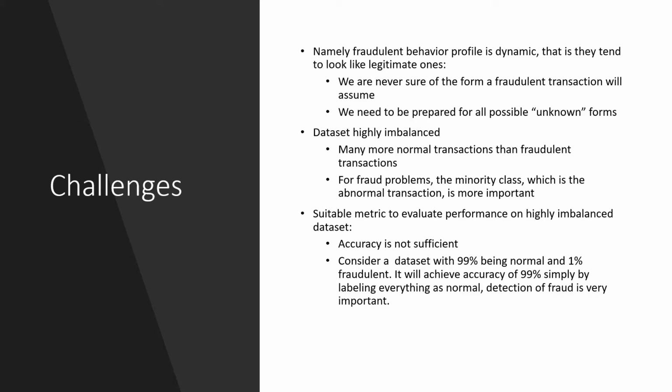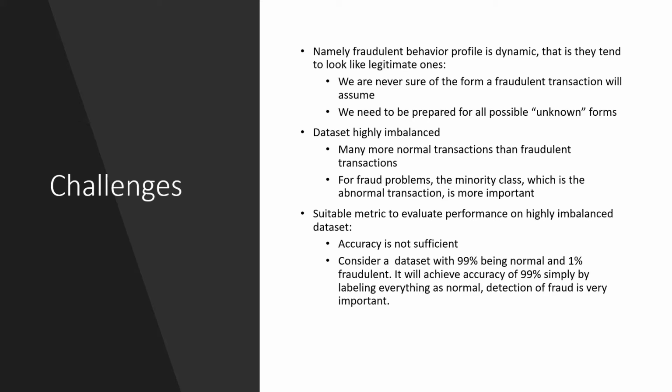It is, but consider a data set with, imagine, 99% of the data being normal transactions and only 1% being fraudulent. If the machine learning model classifies all the normal ones as normal and even the fraudulent ones as normal, that means it got 99% of the classifications correct. So that's obviously not what we want.